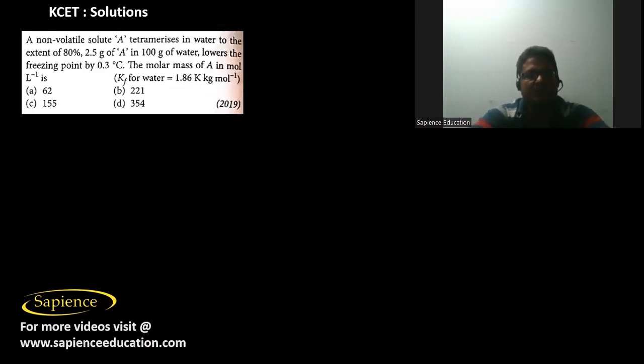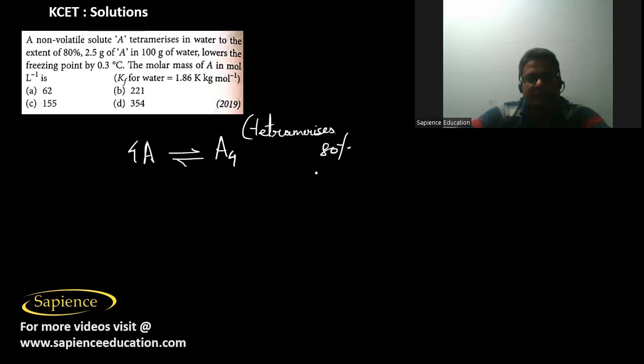Then it is told non-volatile solute A tetramerizes in water to the extent of 80%. Tetramerizes means that 4 molecules of A will combine to form A4. Since it tetramerizes to the extent of 80%, the degree of association is 0.8, which is 80%.